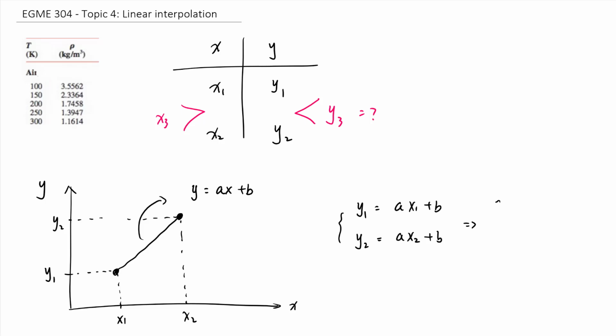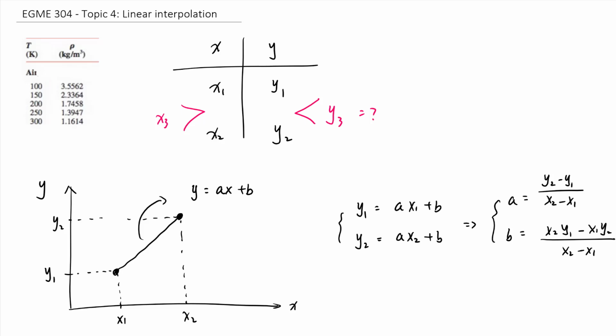So now we have two equations with two unknowns a and b. We can easily find the value of them. a is equal to (y2 minus y1) divided by (x2 minus x1). And b is equal to (x2 y1 minus x1 y2) divided by (x2 minus x1).